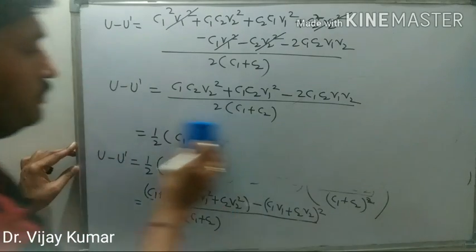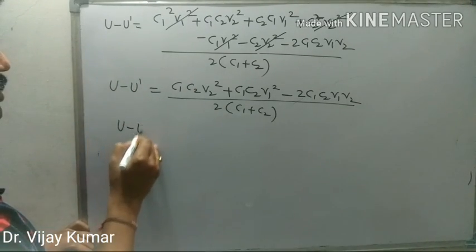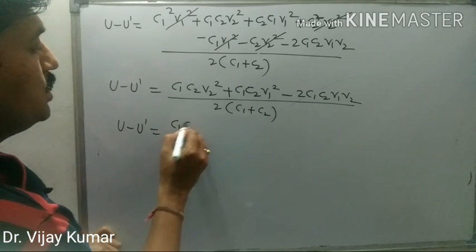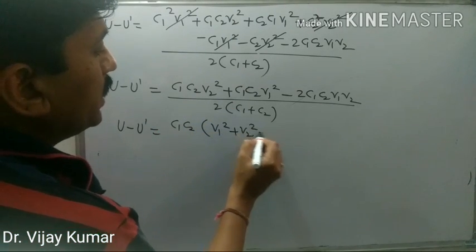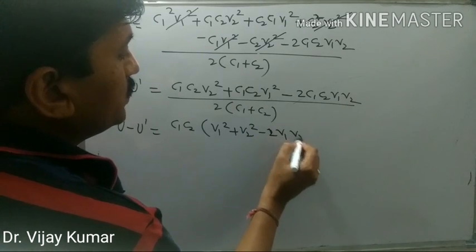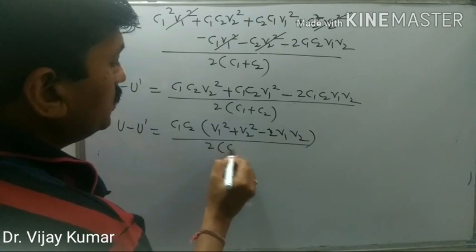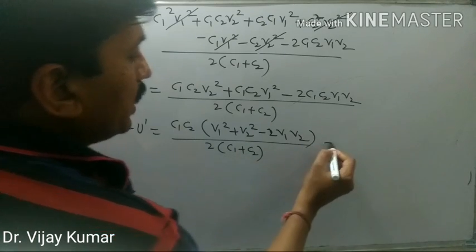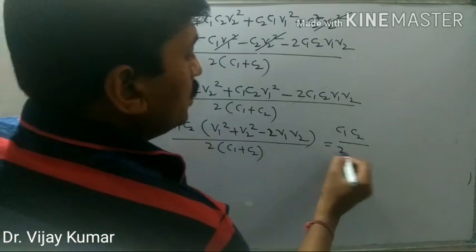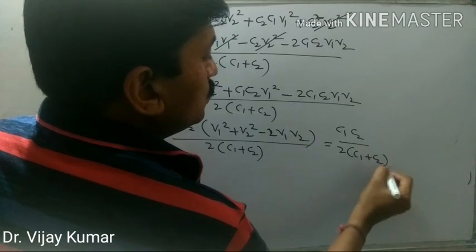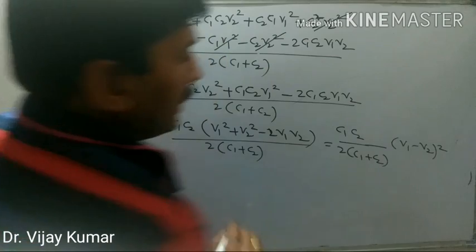So U minus U dash equals C1C2 common, V1 square plus V2 square minus 2V1V2, upon 2 into C1 plus C2, which is C1C2 upon 2 into C1 plus C2, into V1 minus V2 whole square.